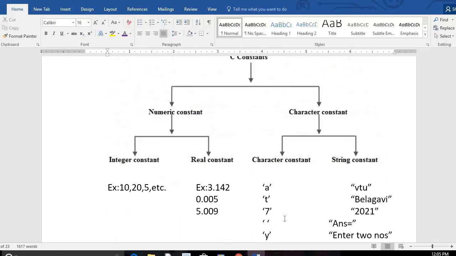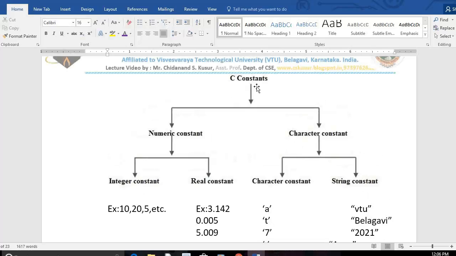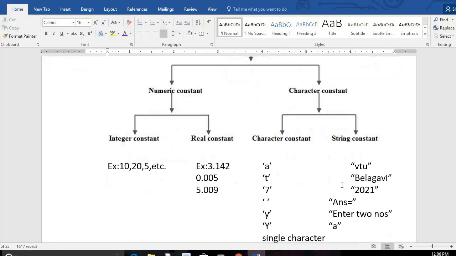Constants are classified into how many types? Numerical constants and non-numerical constants. Numerical constants might be integer type or float type, that means real constants. Non-numerical constants might be single character constants or string constants. In the VTU main exam, if you draw this tree and give examples like this, you get very good marks.